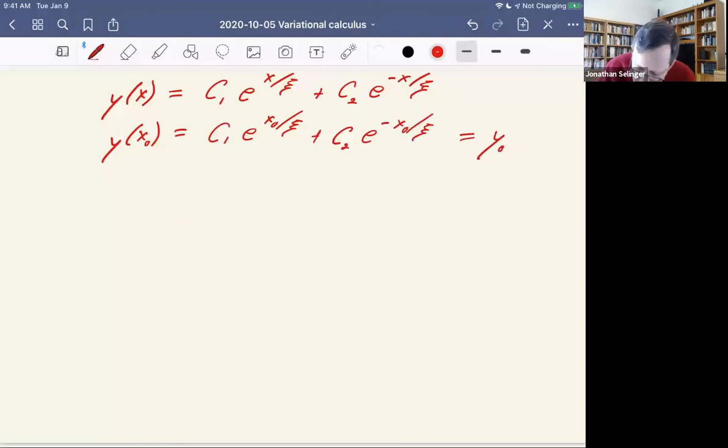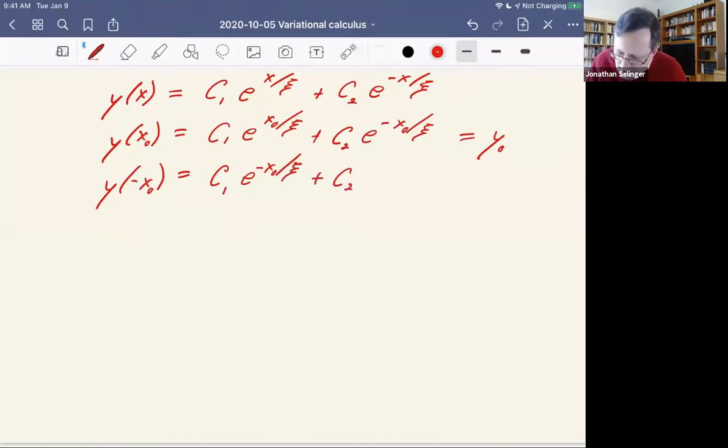Okay, and y at negative x0, let's see, what do I get there? It's C1 e to the negative x0 over ξ plus C2 e to the x0 over ξ. That's also equal to y0.